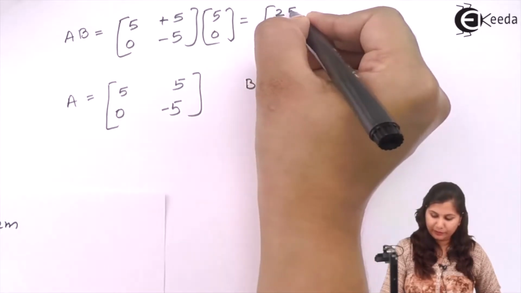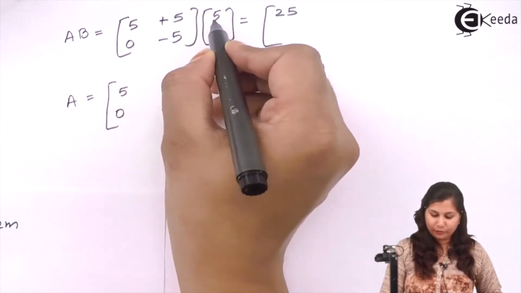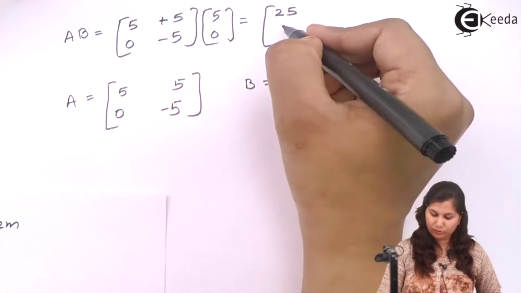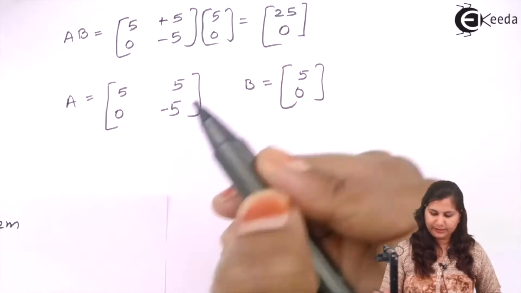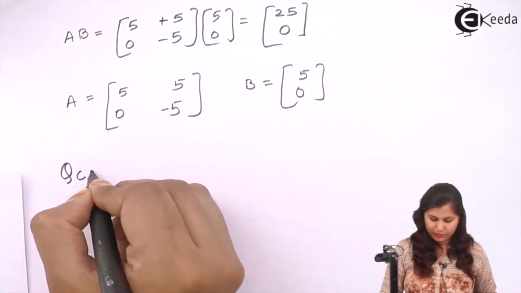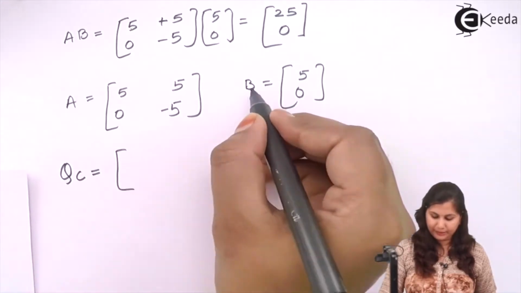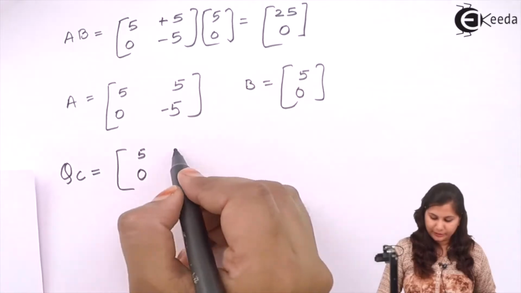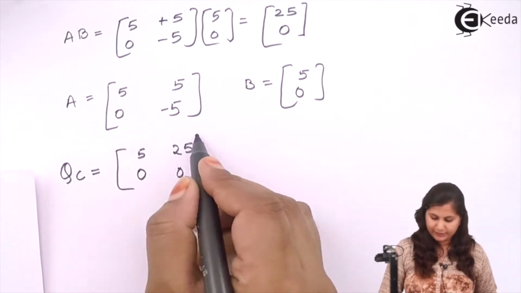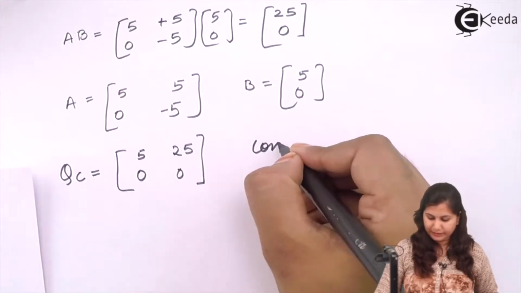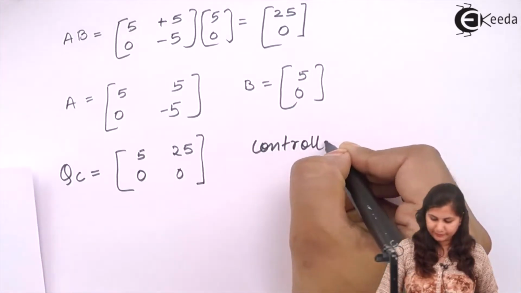So the first element will be 25. Then 0 into 5, 0, plus minus 5 into 0, 0. So the second element will be 0. So this is AB. Now our matrix QC will be B, that is 5 and 0, and AB, that is 25 and 0. So this is our controllability test matrix.